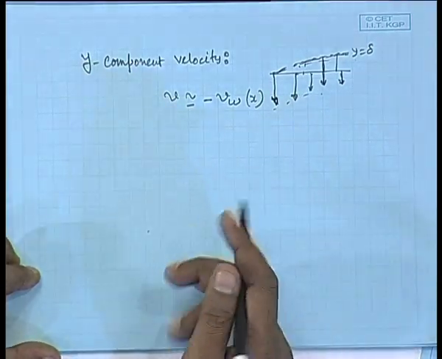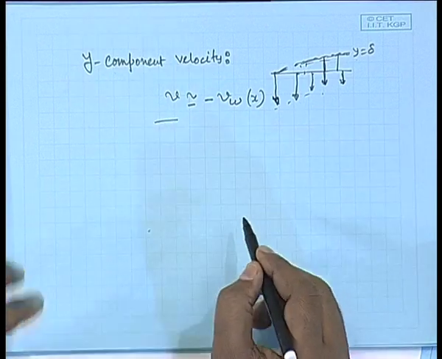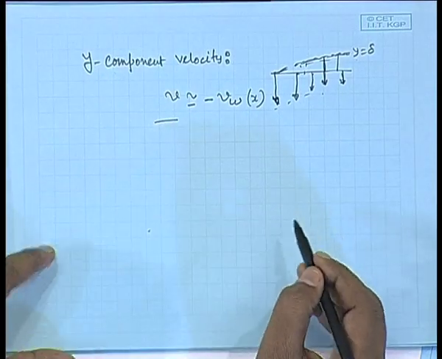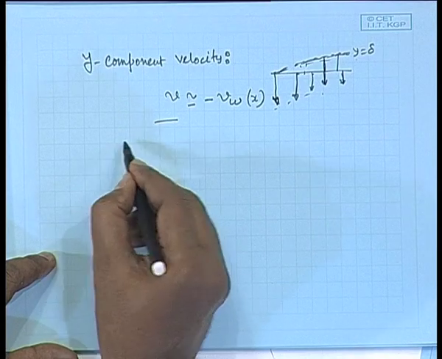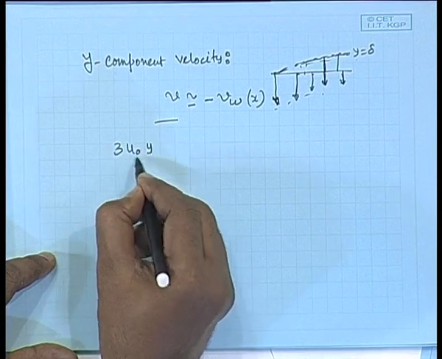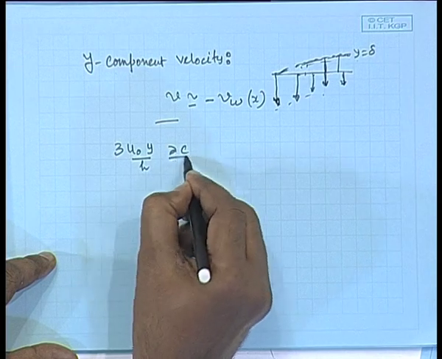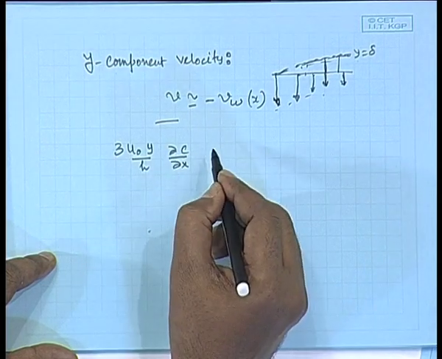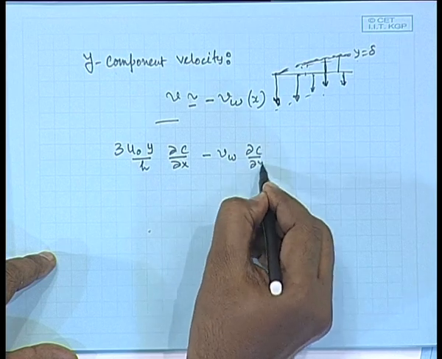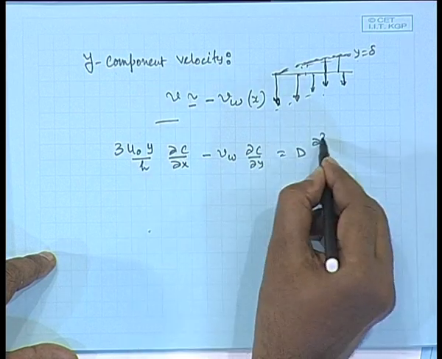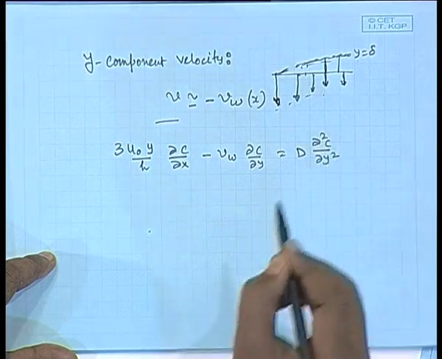Now you insert this velocity profile in your governing equation, and let us see how it looks. Now, your governing equation becomes u del c del x, that means 3 u 0 y by h del c del x, plus v del c del y, minus v w del c del y, is equal to D del square c del y square.